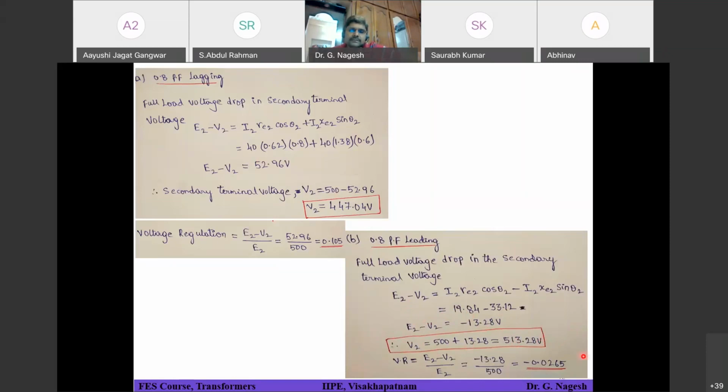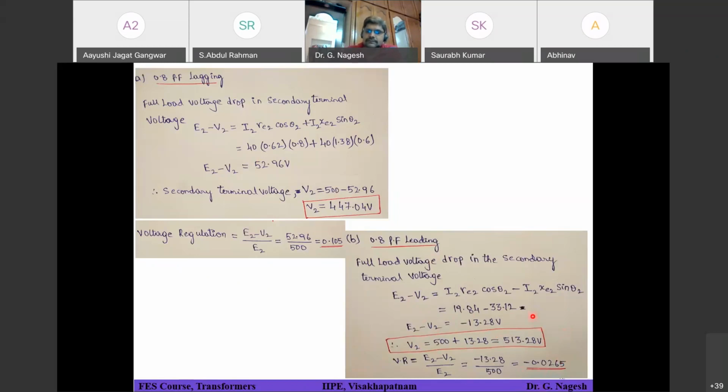And if you calculate the voltage regulation, it will be minus 0.0265. So you'll get this value, which means it is negative. What does it mean? Your secondary terminal voltage will be more than the rated value given on the transformer. It will be higher than 500 volts, as we have seen, it is 513 volts.